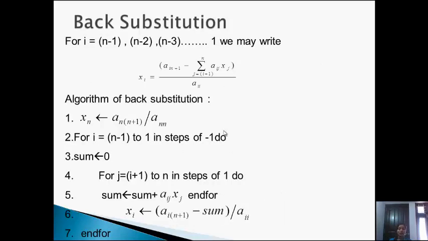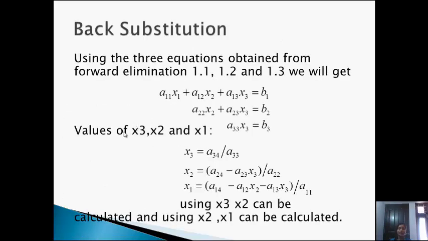For i equals n minus 1, n minus 2, n minus 3 up to 1, we may write xi in general form like this: ai,n+1 minus the summation of j equals i plus 1 to n of aij xj, upon aii. Now the algorithm of back substitution. We have seen that we can calculate x3 directly from here.